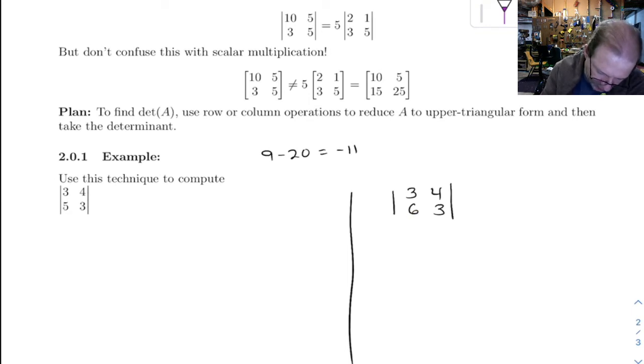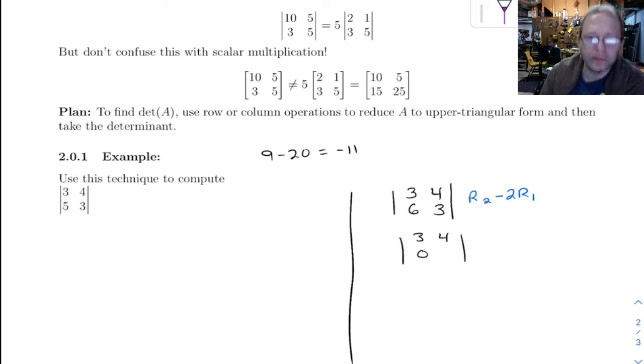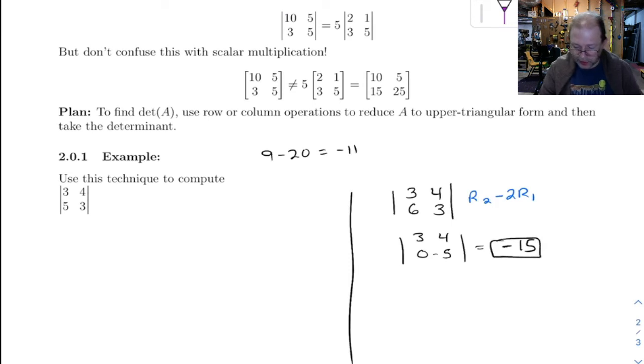So in a problem like this, probably what I would do would be row 2 minus twice row 1. Because when I do that, it'll turn it into 3, 4, then 6 minus 6, then 3 minus 8. That's negative 5. That gives me a determinant of negative 15. So on this one, it's pretty easy to do there.